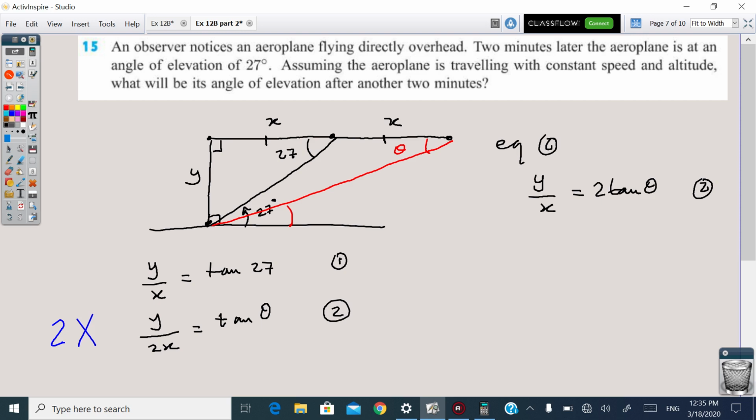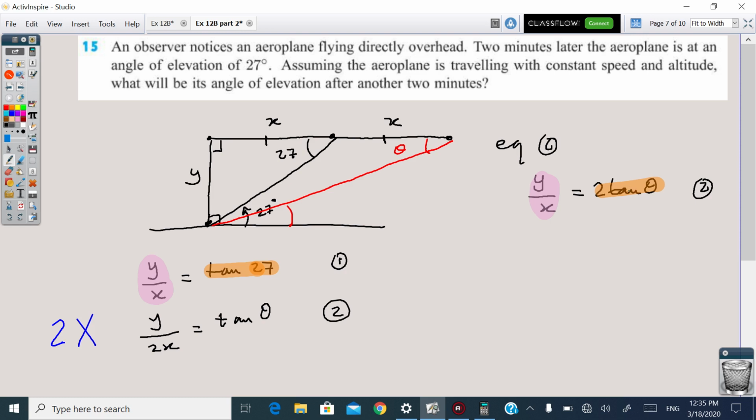And if you remark, we have y over x here equals something, and y over x equals something else. So obviously those two sides must be equal. As I say in class, y over x equals blah, y over x equals blah, therefore blah equals blah.